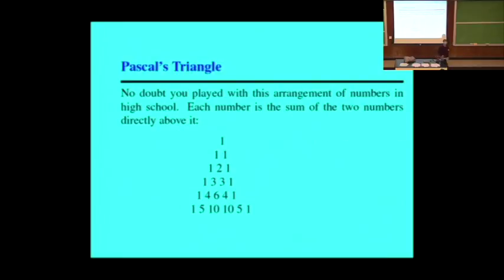You take this thing, and for every number you add up the two numbers above it, right? So where does this come from? Well, one's on the outside. 3 is 1 plus 2. 3 is 2 plus 1. 1 is 1. 4 is 3 plus 1. 6 is 3 plus 3.